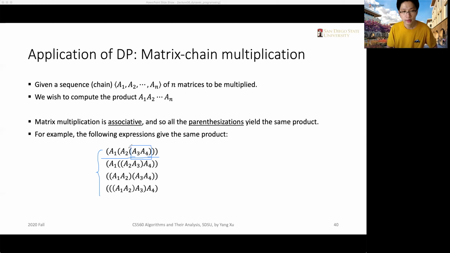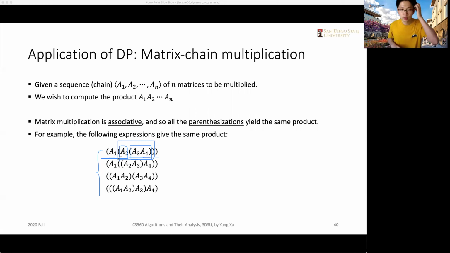Then the second computation is A2 times the result of A3 times A4. And then the third step is A1 times the result of this big chunk of matrix multiplication.